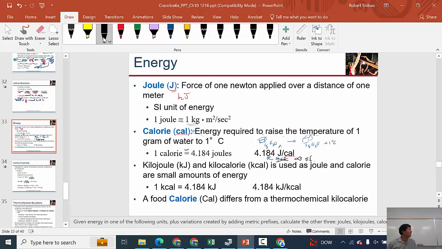We actually have 2 types of calories. There's a calorie with a small c and a calorie with a large c. This is a chemical or science chemical calorie. This is a nutritional calorie.